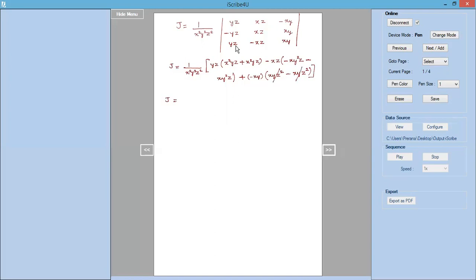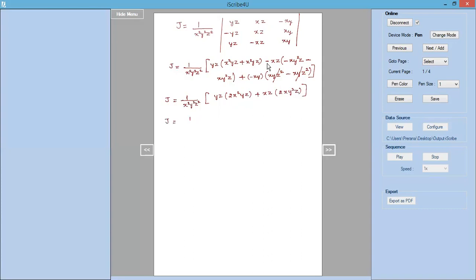The previous two we have to add up. 1 divided by x square, y square, z square, yz multiplied with 2x square yz, minus of minus, each of these terms has minus sign common. So I'm taking minus of minus becomes plus x y square z, x y square z. They are getting added because both are minus sign. So 2xz multiplied by 2xy square z.